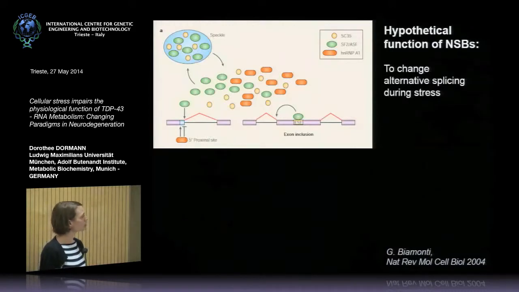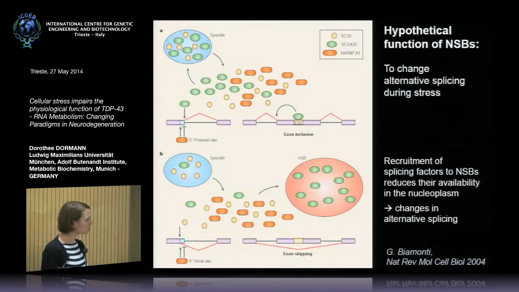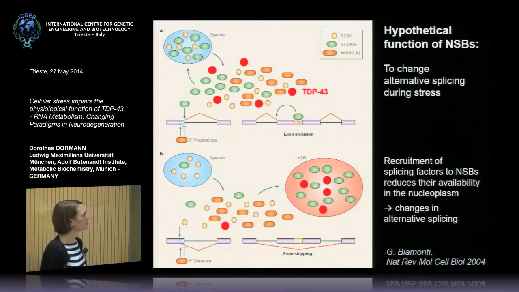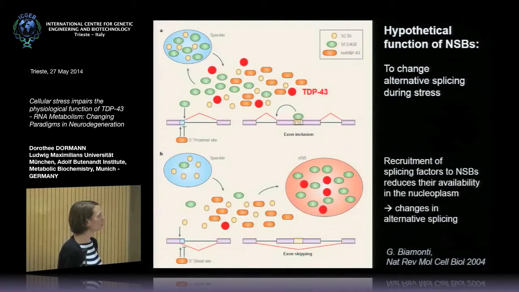And so if certain splicing factors are transiently recruited into these nuclear stress bodies, their availability in the nucleoplasm is reduced, and then you get changes in alternative splicing. And our data and the data from the group of Bob Baloh suggest that this may be the case for TDP-43 dependent splicing reactions as well.